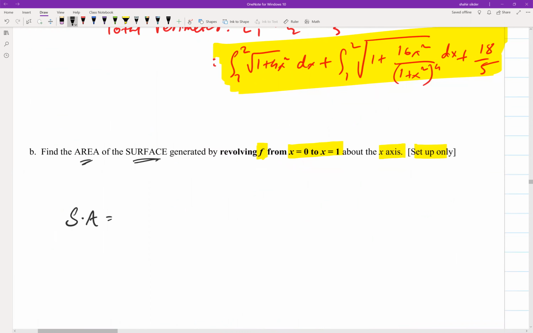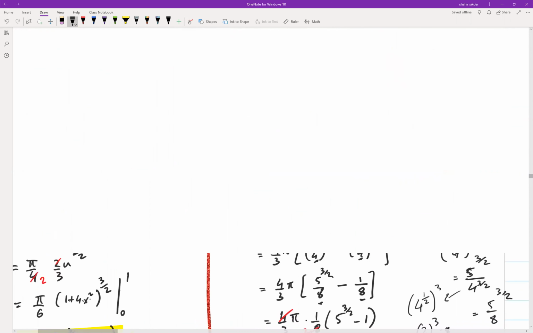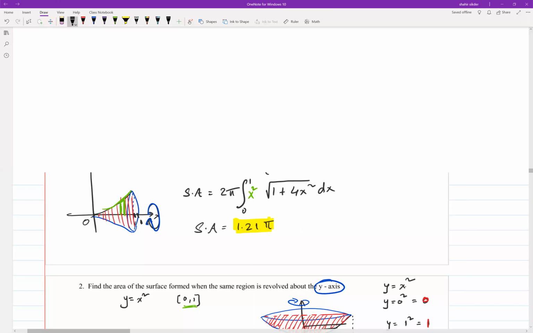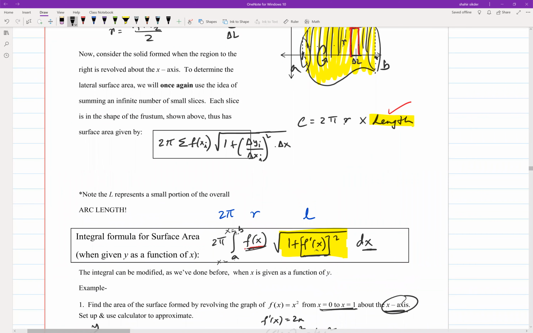2 pi integral from 0 through 1, right? Revolving about x means f of x goes outside, or the surface area formula, if I can show you to remind you. This is our f of x because we're revolving about the x-axis.